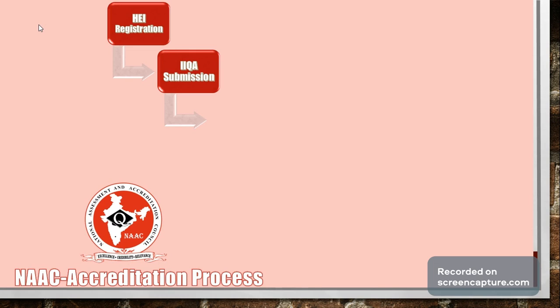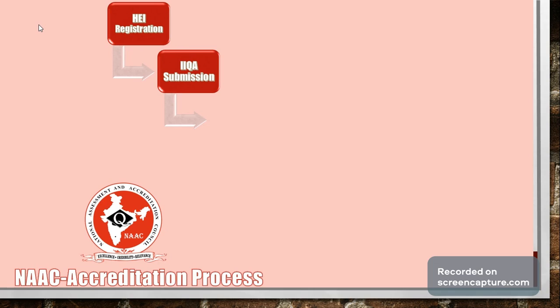This form consists of different types of information like the ASHE survey certificate, institution affiliation, student count, faculty count, etc. After filling this form, if it is accepted by NAAC, then we will move to the next step.